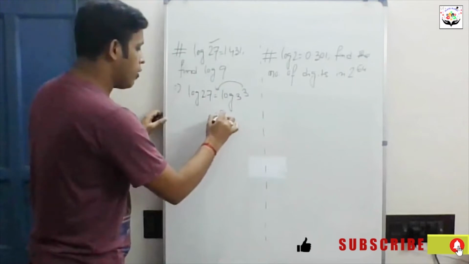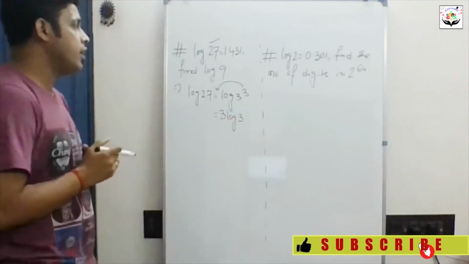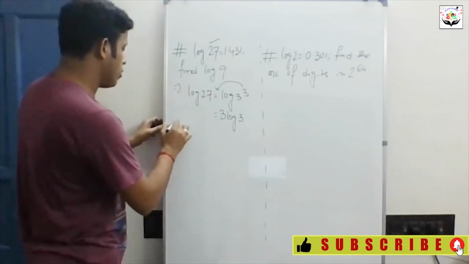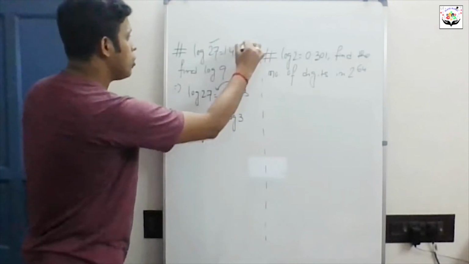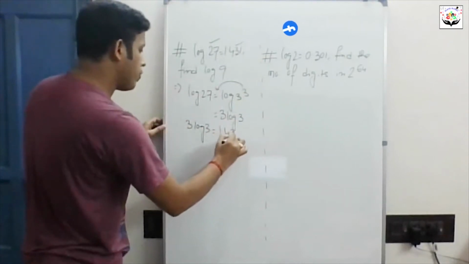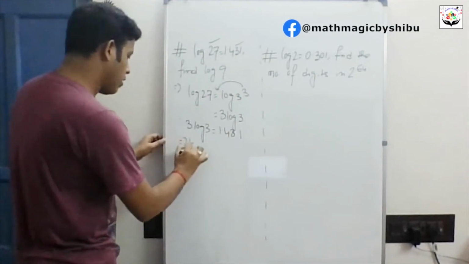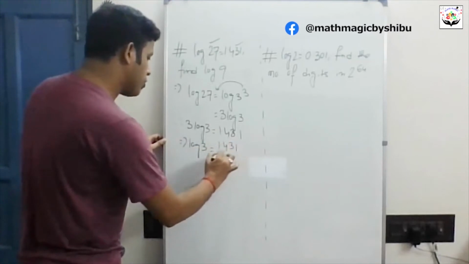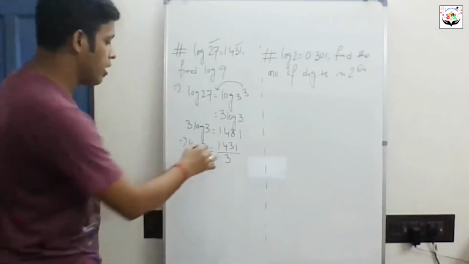I want to write log 27 as 3 log 3. Now we know 3 log 3 equals 1.431. So we need to find the value of log 3. It will be 1.431 divided by 3.